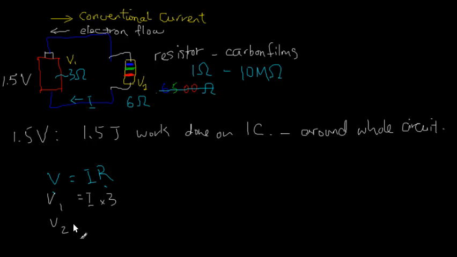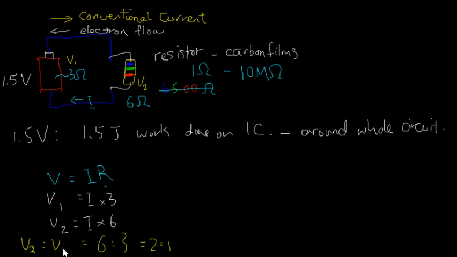So V2 is equal to I times 6. Now if I divide the two, I get the ratio. V2 is to V1 is equal to 6 is to 3, which is 2 is to 1.